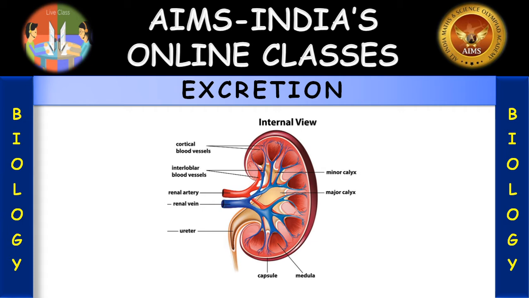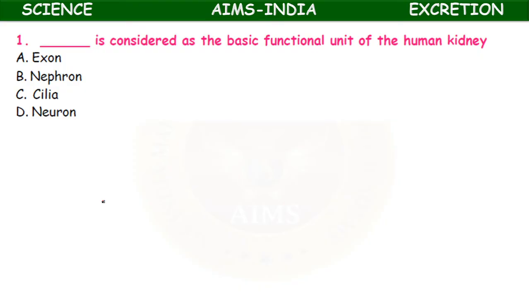Now let us try to answer the questions. First question: dash is considered as the basic functional unit of human kidney: axon, nephron, cilia, neuron.